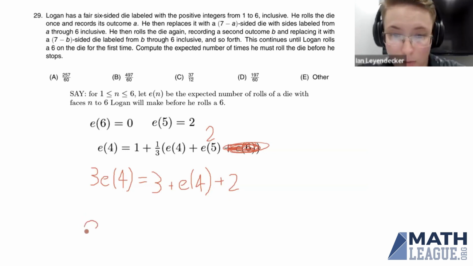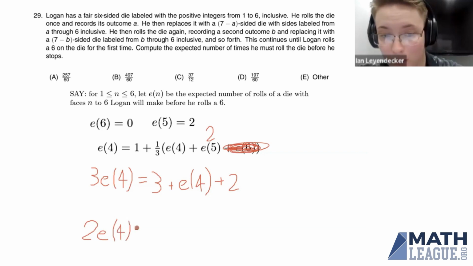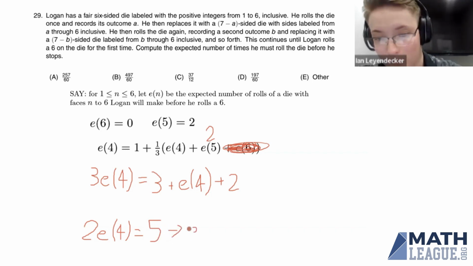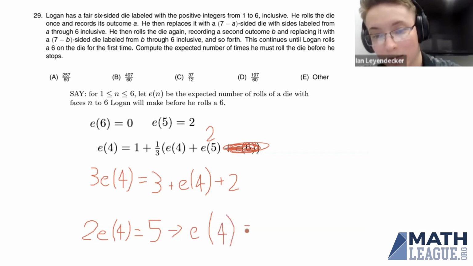Simplifying, we get 2 times e of 4 equals 5, or e of 4 equals 5 over 2.